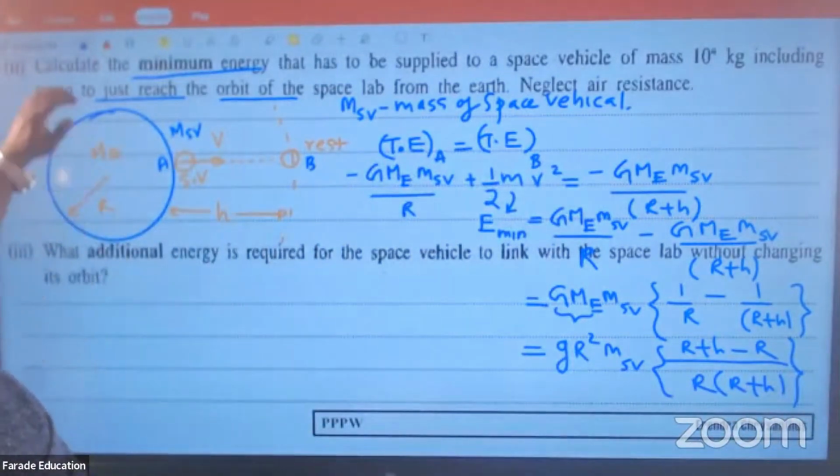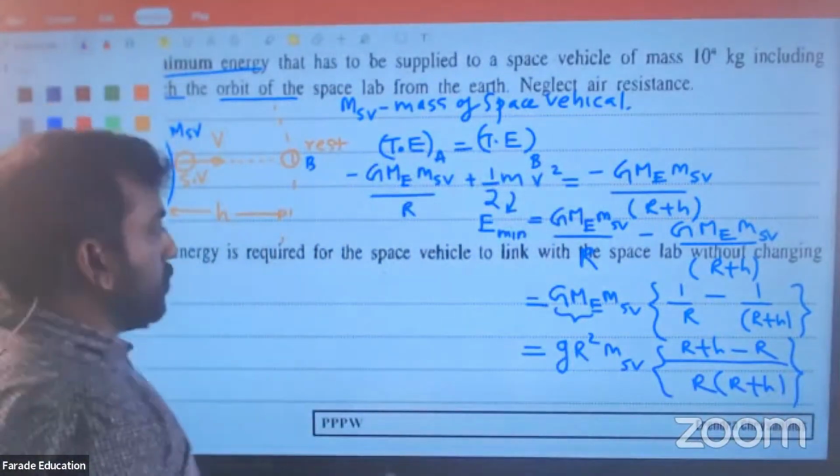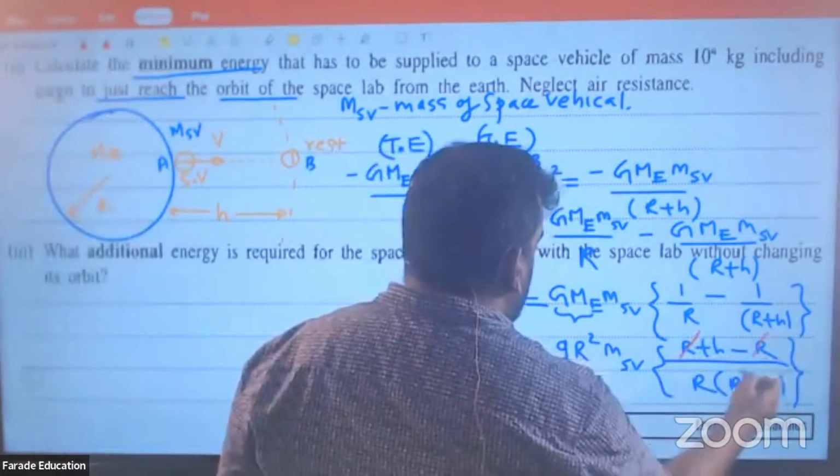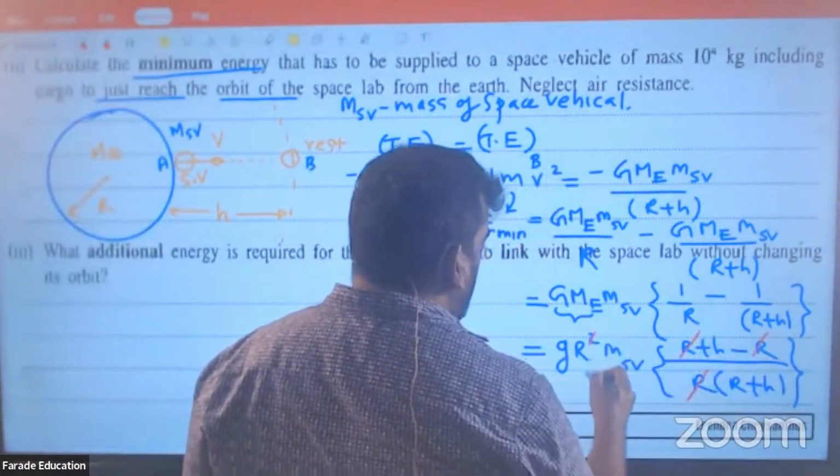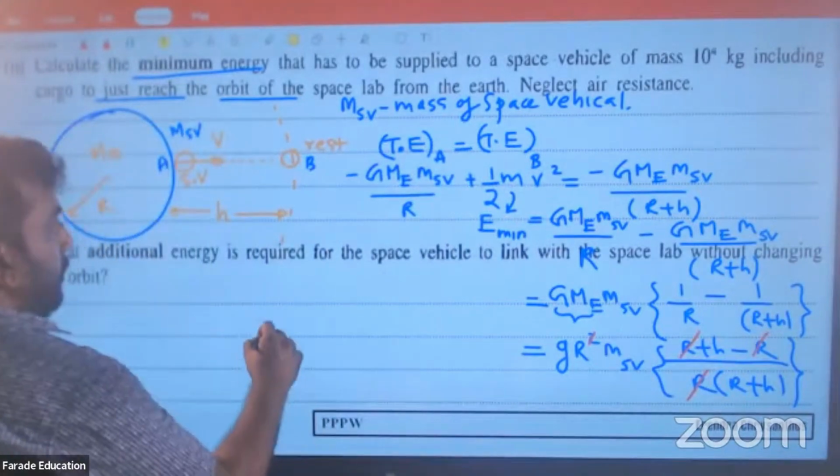From this you can easily say, R cancels off, 1 over R here cancels off. So what is the minimum energy?